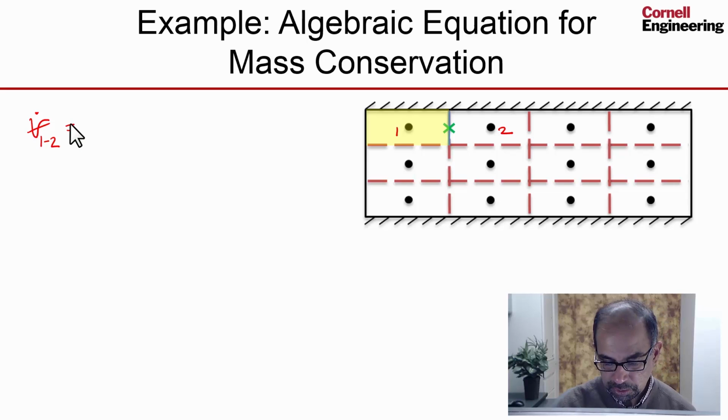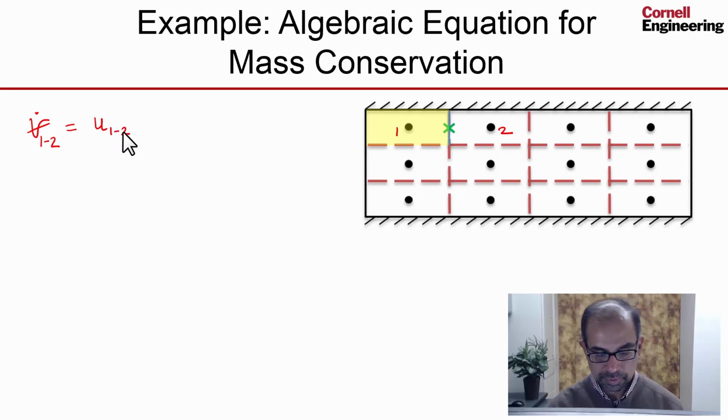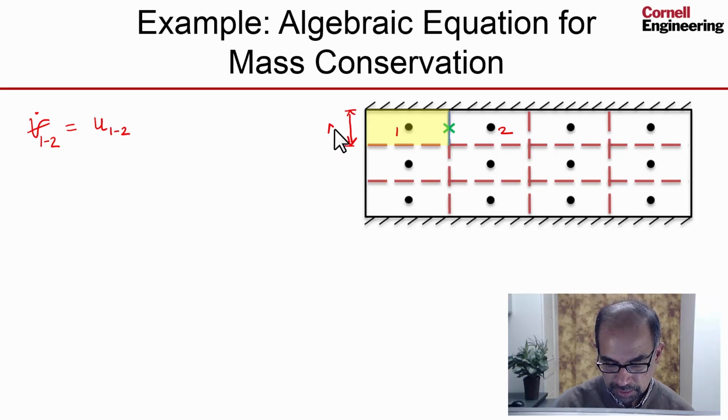That's equal to the velocity at the green cross, which I will denote as U1-2, and velocity times the area of the face will give us the volume flow rate. Let's say this distance is delta y.